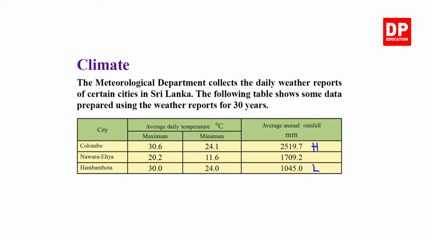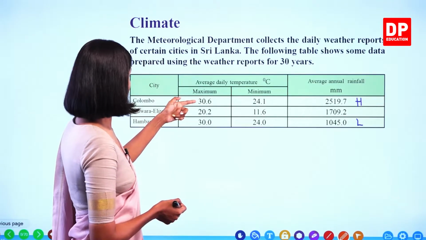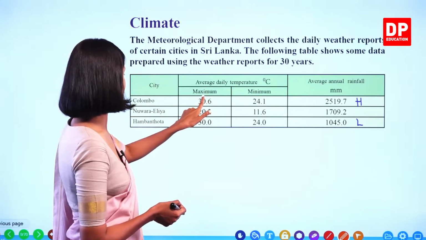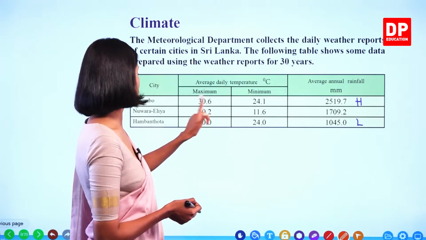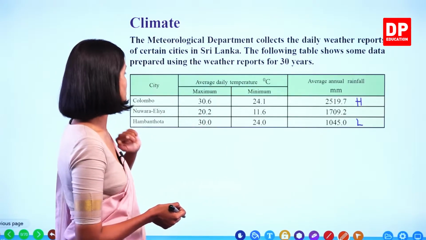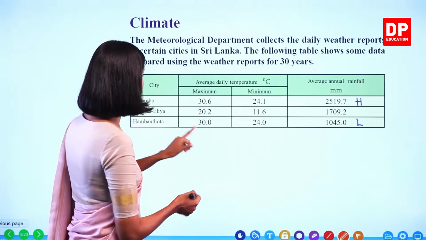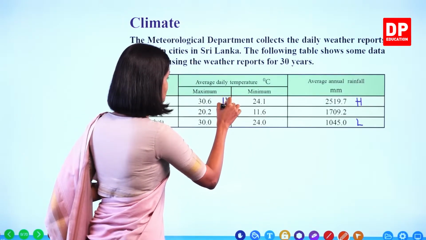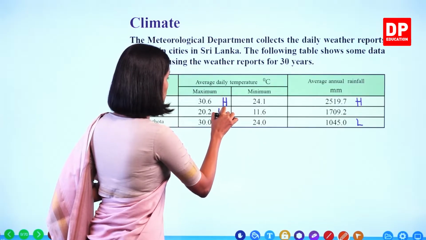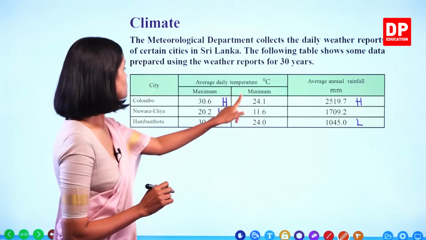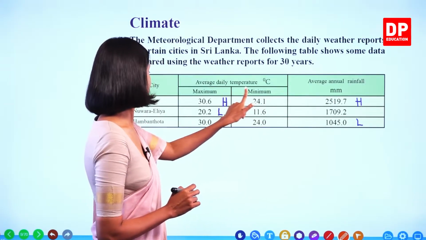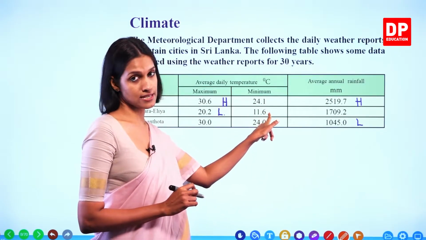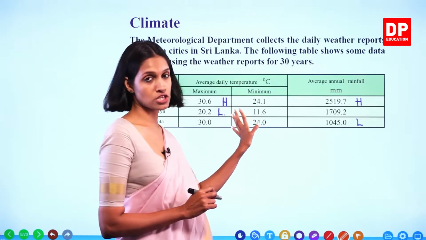Highest average temperature. When you consider Colombo, now here maximum temperature is given. Colombo 30.6, Nuwara 20.2, Hambantota 30.0. Now when you consider this column, Colombo has the highest, Nuwara has the lowest. Right? When you consider this column, Colombo 24.1, Nuwara 11.6, Hambantota 24.0.